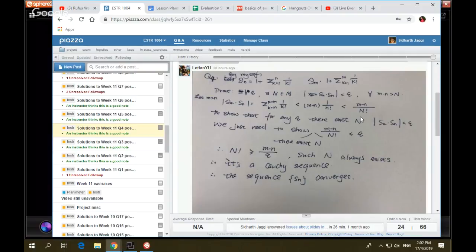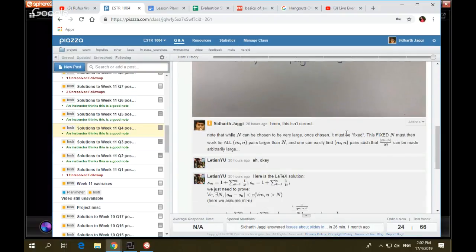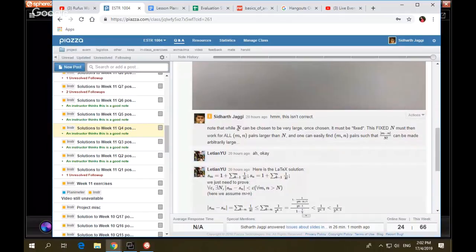But the tricky part is to show that once you've chosen your N, this N you should really think of as depending only on epsilon, okay? So once you've chosen your epsilon, then you choose your capital N as a function of that epsilon, and this capital N should work for every small m and small n which are larger than that capital N, right?